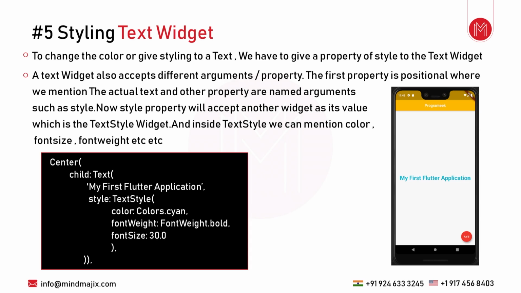Now, as I mentioned, a text widget also accepts different arguments, but just remember the first property is positional where we mention the actual text, and other properties are named arguments, such as style. The style property will accept another widget as its value, which is the TextStyle widget.